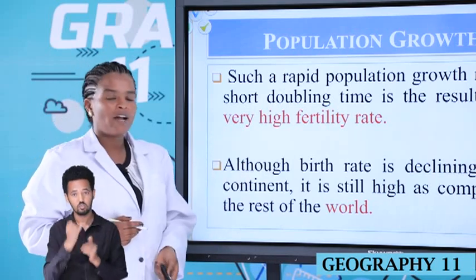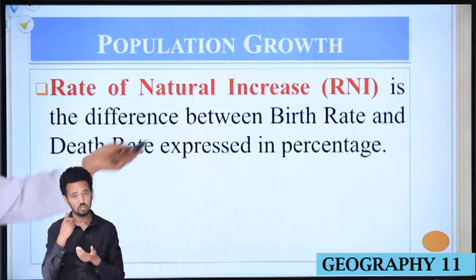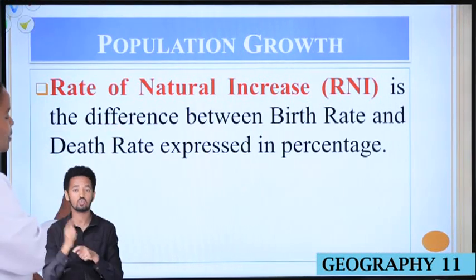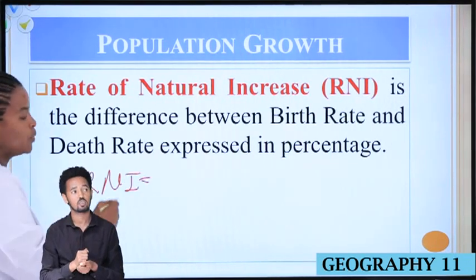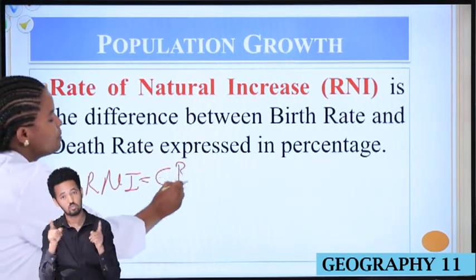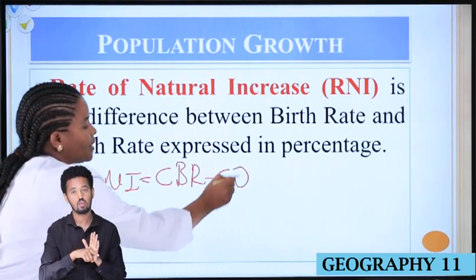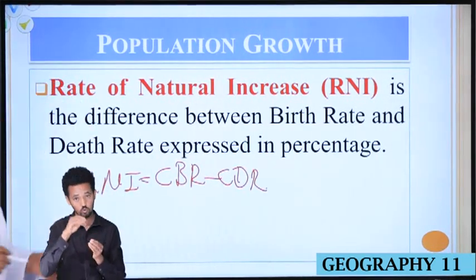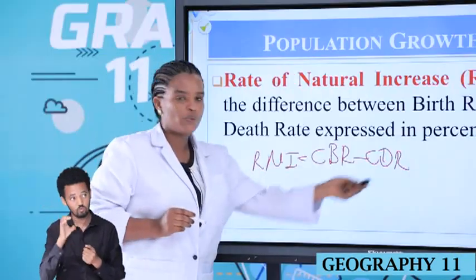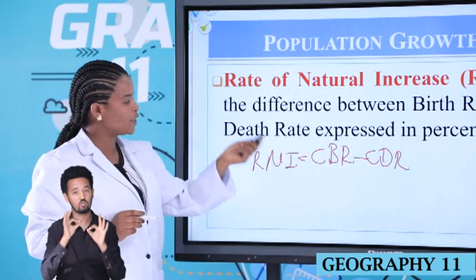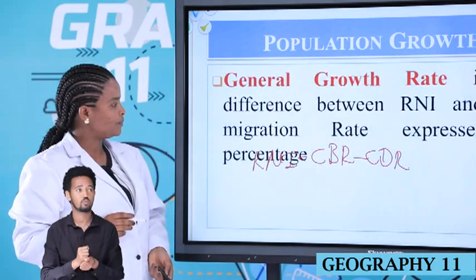This shows that in Africa, fertility is very high. When we see the rate of natural increase, it is equal to the difference between crude birth rate and crude death rate.